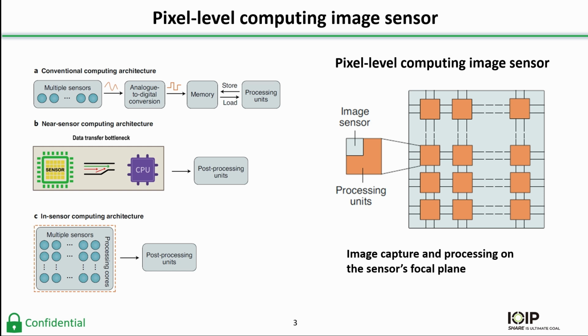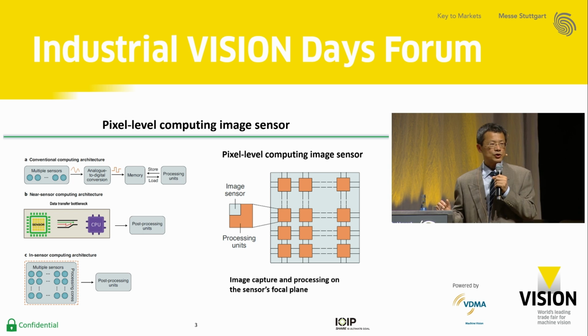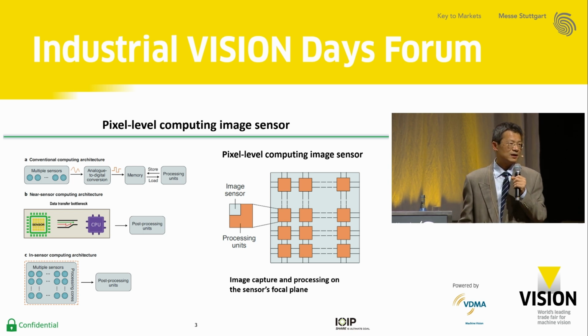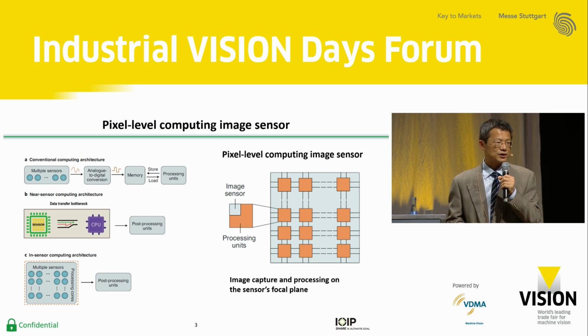When the sensor gets the image, it converts the analog signal to digital data, then sends the data to the PC, where the data are stored in the memory first.